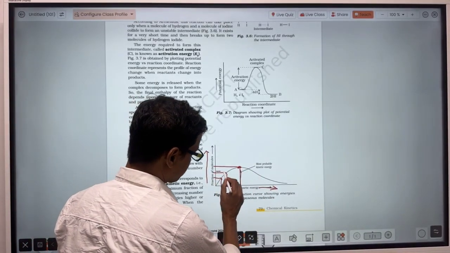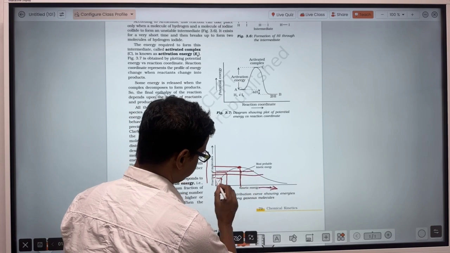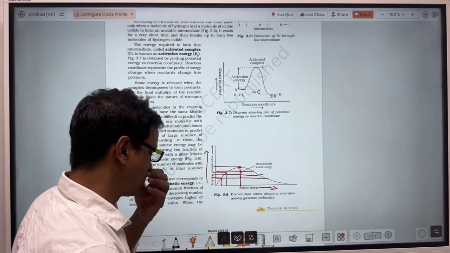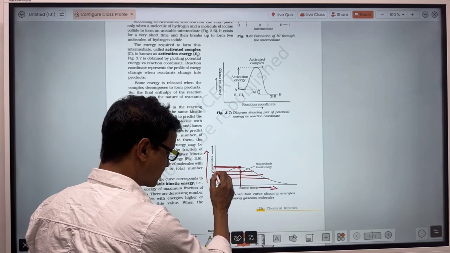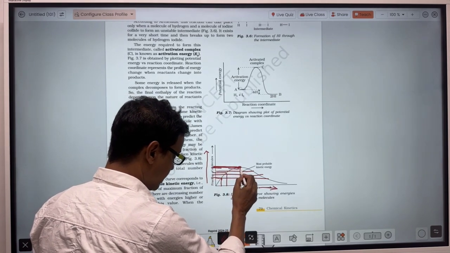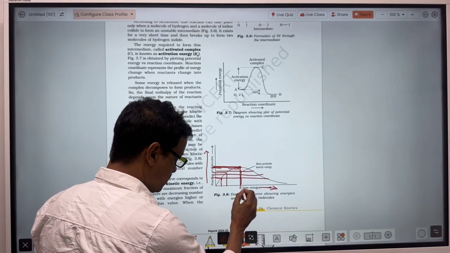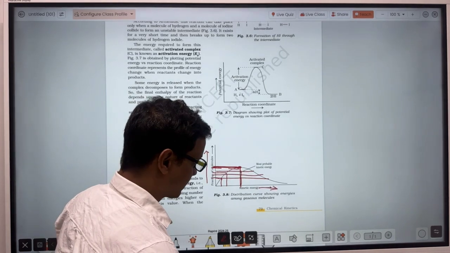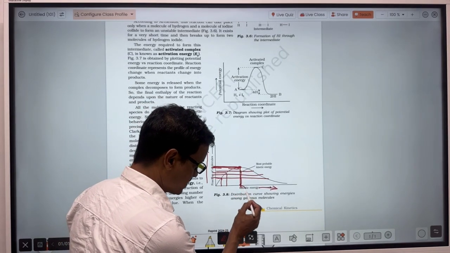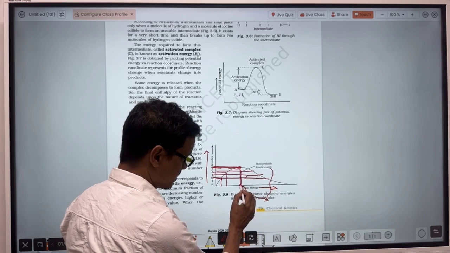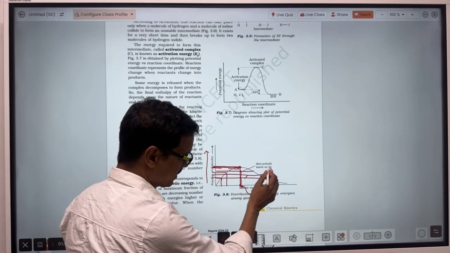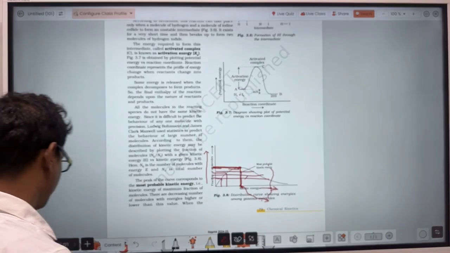Then after, the fraction of molecules again starts decreasing. The maximum fraction is this one, and their kinetic energy is that much. So the most probable kinetic energy will be this value.